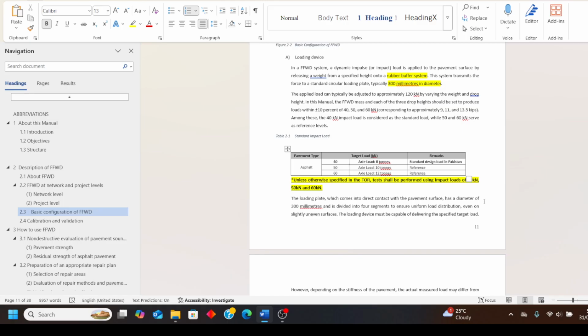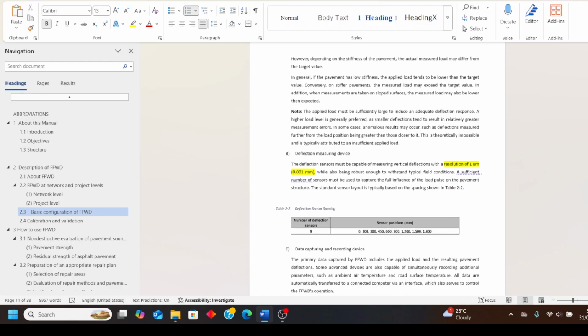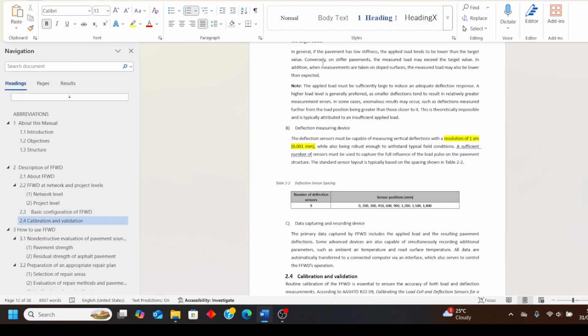Now there is another important note mentioned here, which says that on weak pavement, the actual applied load may be lower than the intended one, and on stiff pavement, the measured load may be higher than the target, and on slopes, the load may also deviate.